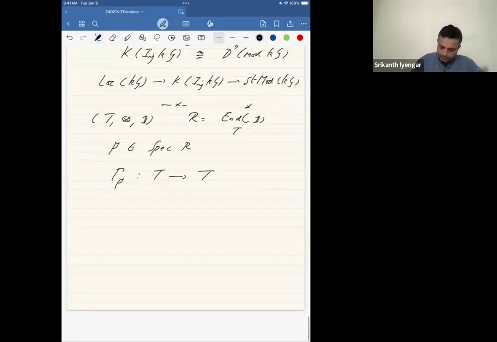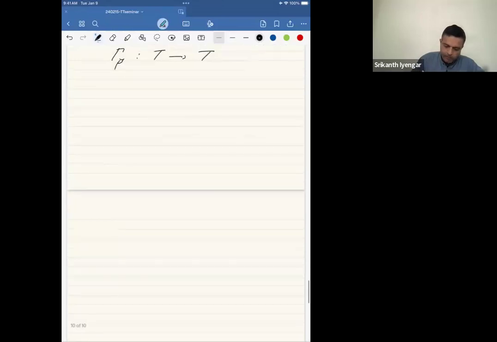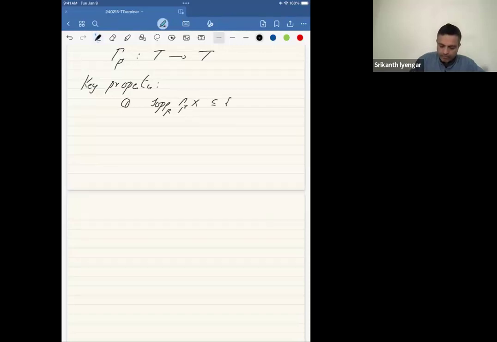So the key properties are much the same as what we have before. Of course, I haven't defined what the support is, but one can almost define the support using the local cohomology functors. So this is contained in E for all X in T. And then this is the local global principle that you can reconstruct X from its local pieces.